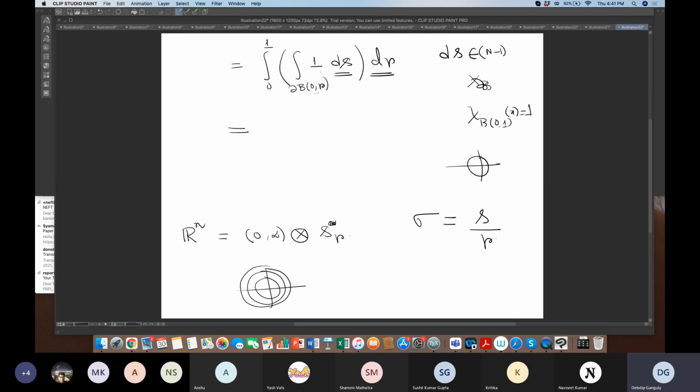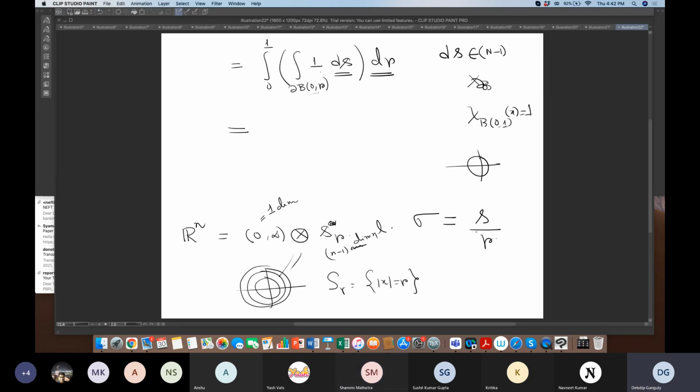This measure is a one-dimensional measure, and this is (n-1)-dimensional. S_R is the sphere, |x| equal to R. So this is an (n-1)-dimensional sphere. Yes or no? If you study differential geometry, this is there.